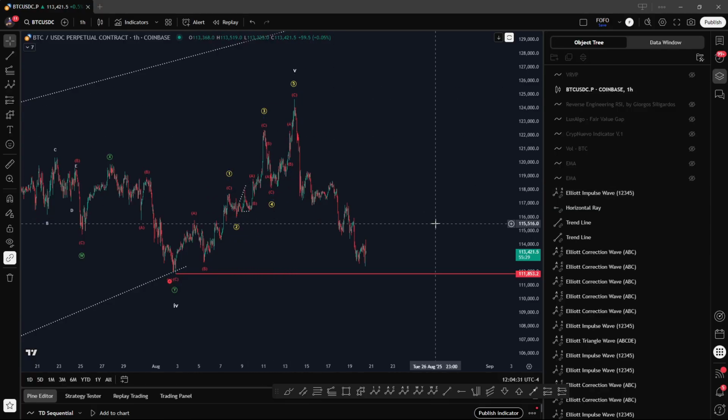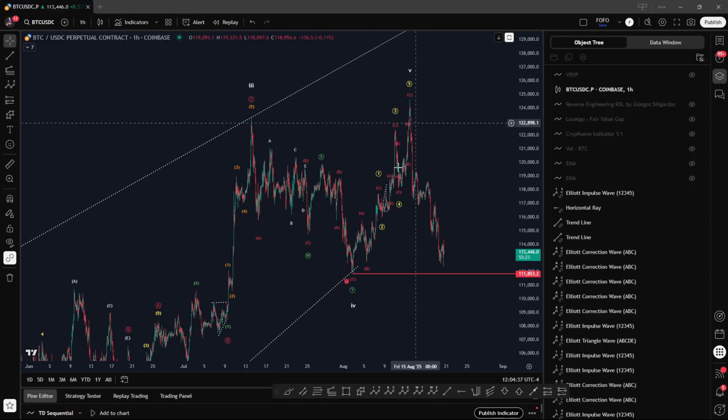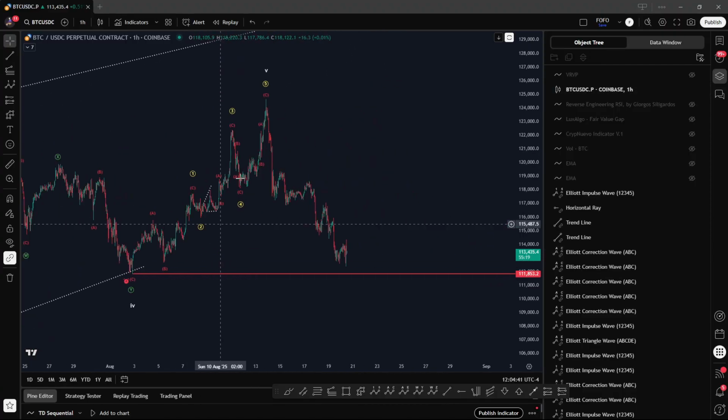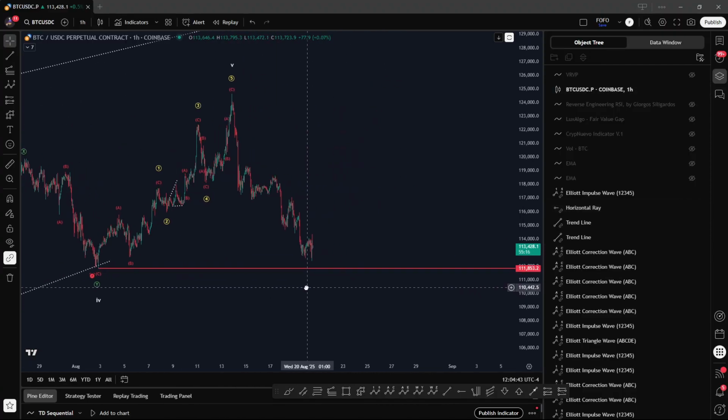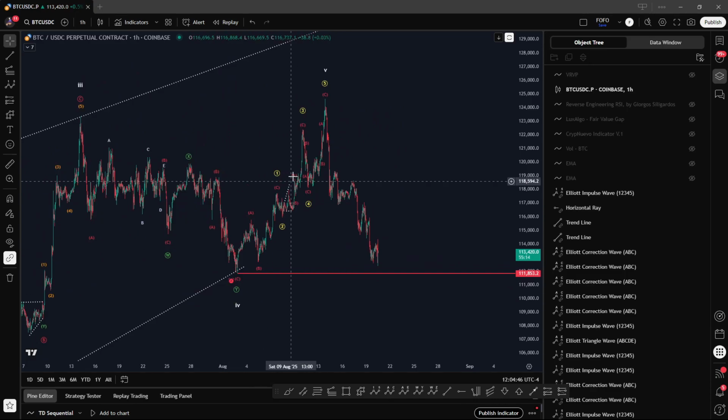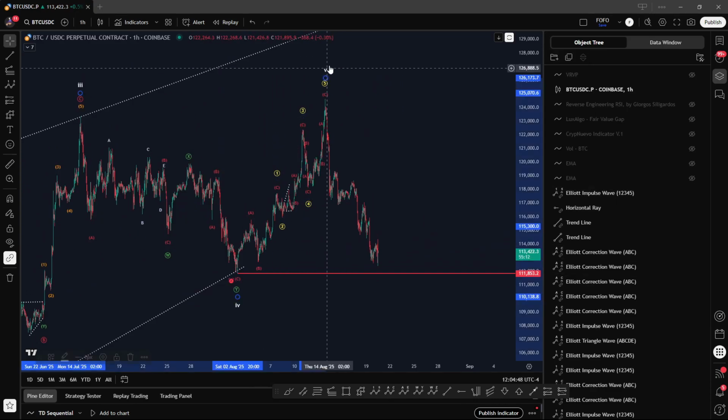Has to be. Because you've broken the wave 2 rule. Right? You can't end on 5 on this. It has to be zigzag family. So it has to be WXY if this breaks, right? Until then, this could be 5.